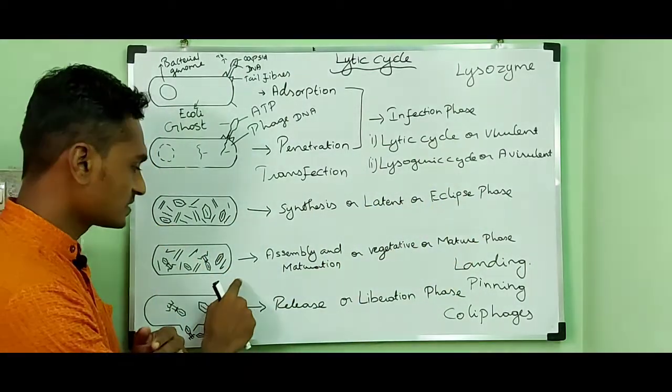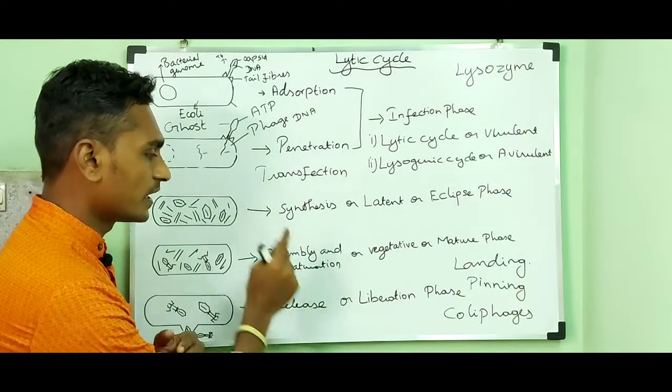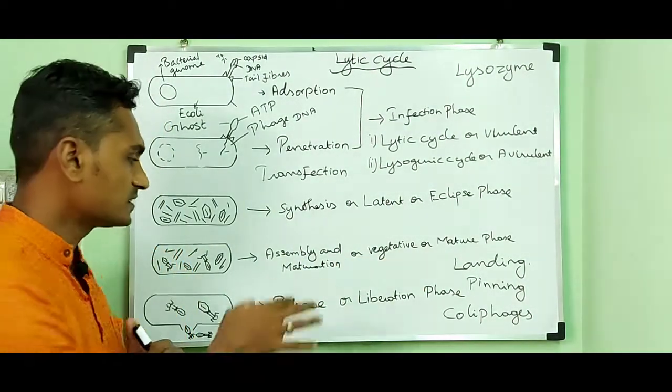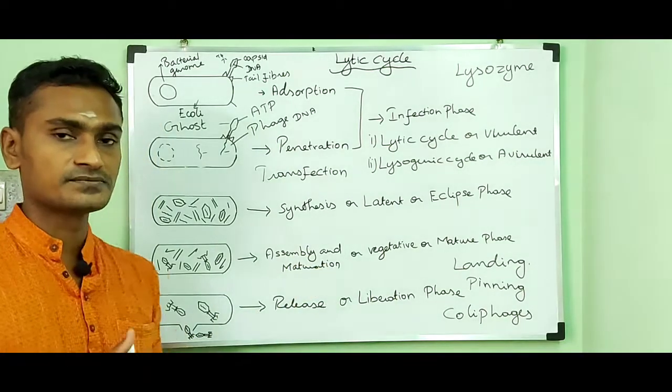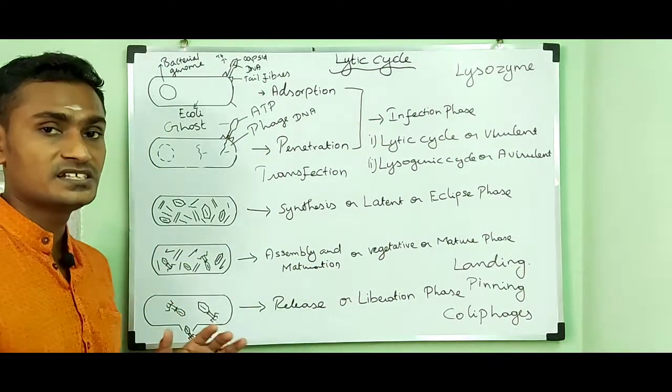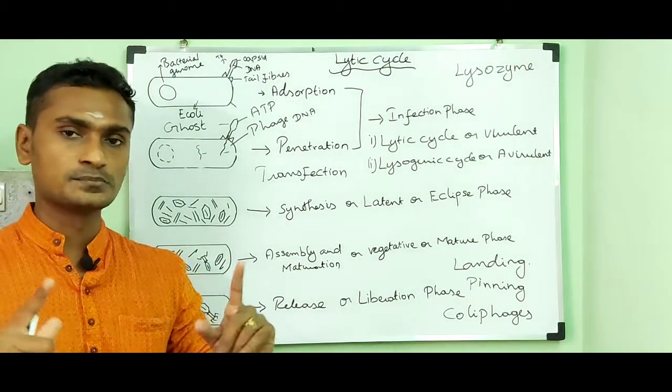Then the fourth step is called assembly and maturation, or vegetative or mature phase. In this phase, the protein coat and the phage DNA are produced separately, isn't it?